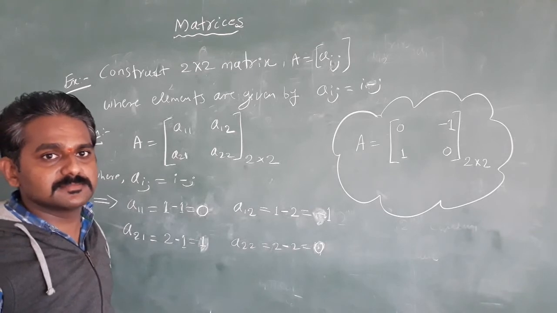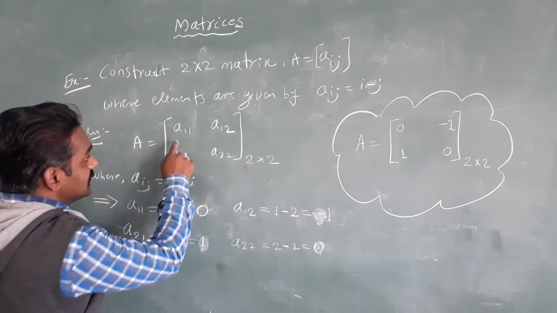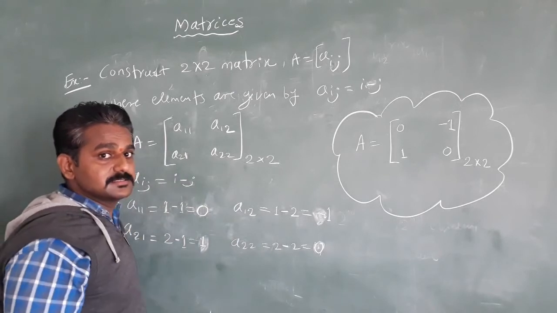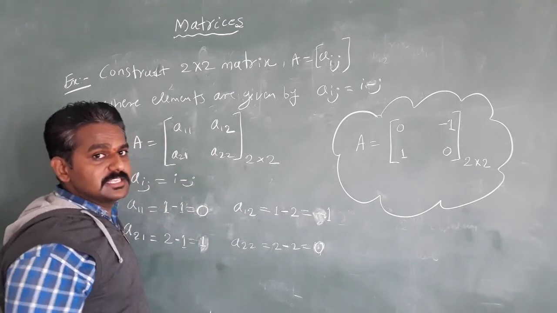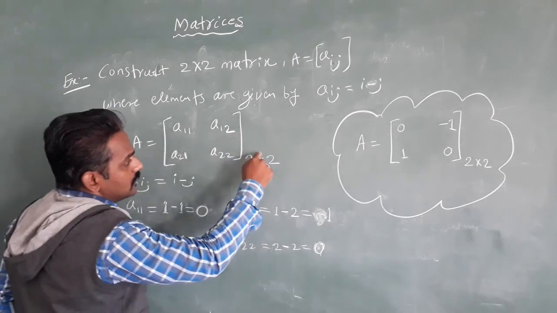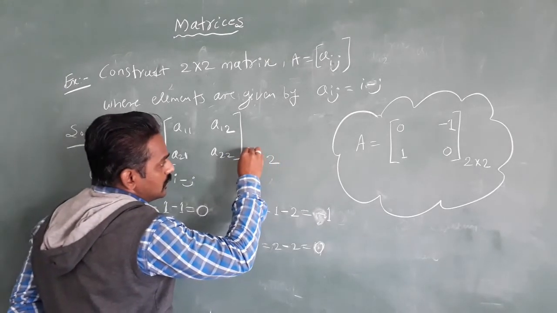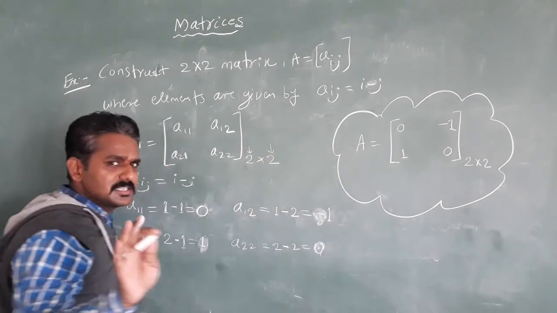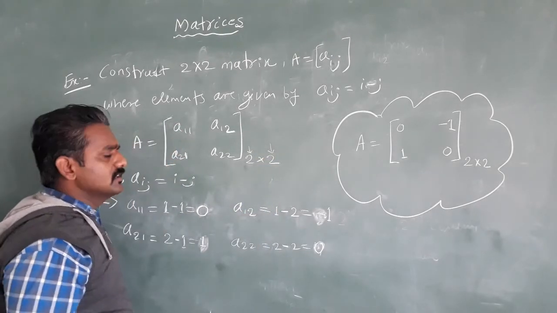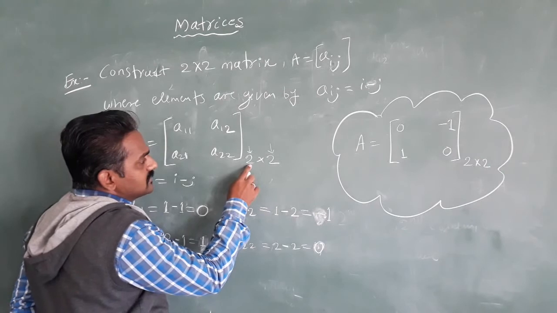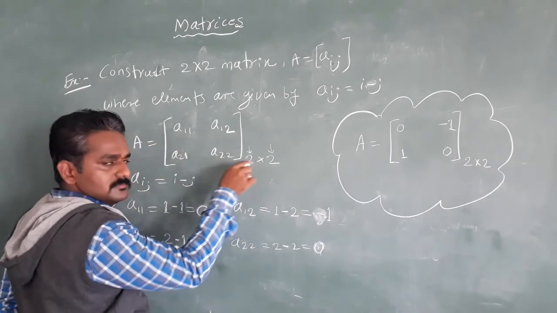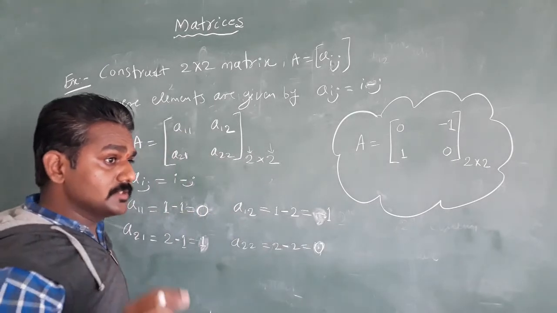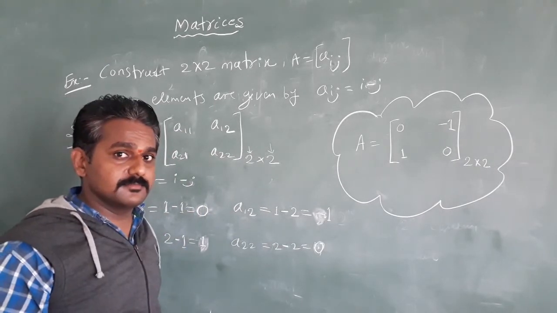Got the point, students? Okay. While writing the general representation of the matrix, just observe one thing, students. Here the number of rows and number of columns are both the same. You can mention the number of rows, and in each row, how many elements should be present?